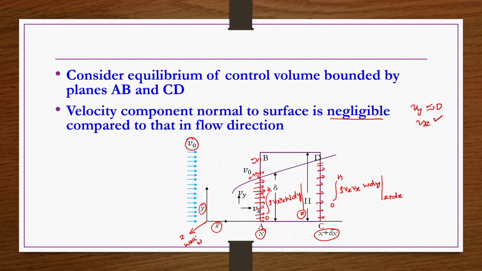Expression-wise they look the same, but the overall integral quantity at the AB plane will be higher and at the CD plane lower, because of the increasing cross section of the boundary layer as you move from x to x plus delta x location. So, from AB to CD, what is the change in momentum?